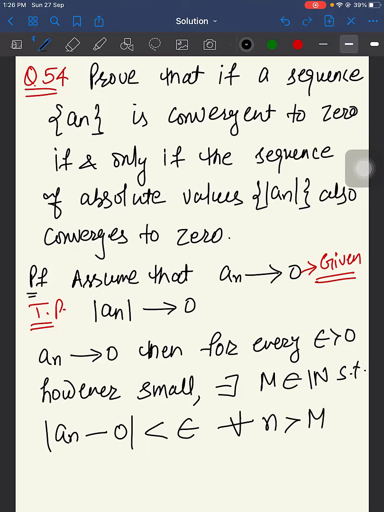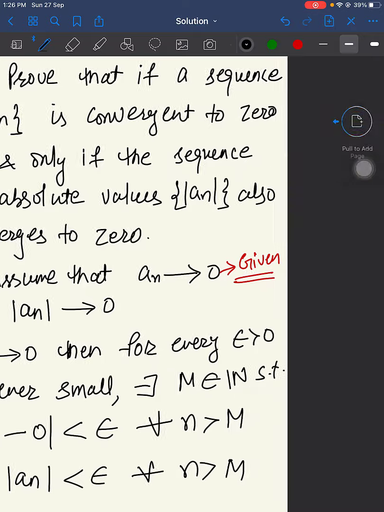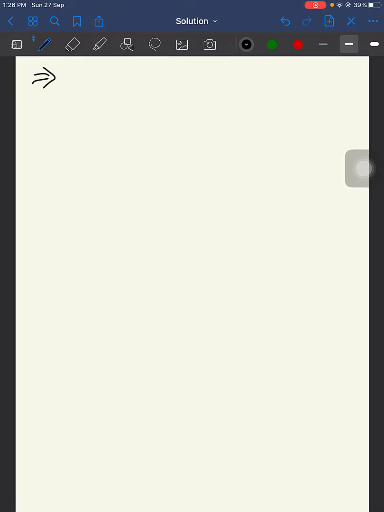So this is true, right? So this can be written in a way that mod of (an minus 0) is less than epsilon. Now if it is a modulus, that means it is a positive quantity. So if we take the modulus again, even then it will make no difference.